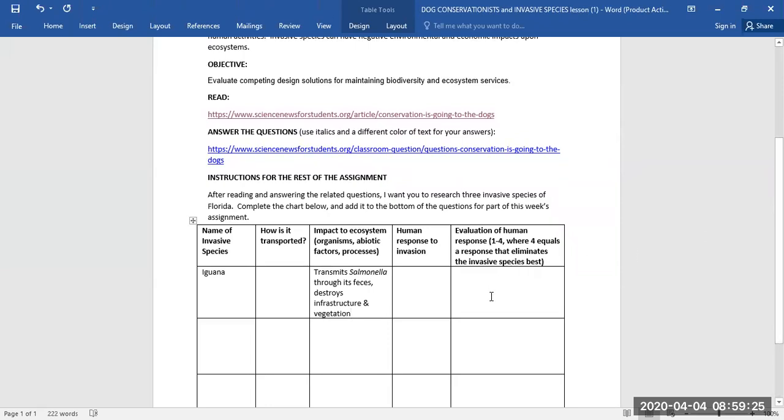Killing an iguana should lead to increased biodiversity because the iguanas are competing for food sources with native species that actually belong in Florida. And they're also probably acting as predators on some organisms, as we read about the snails in that one document. So we have done the evaluation as shown here.